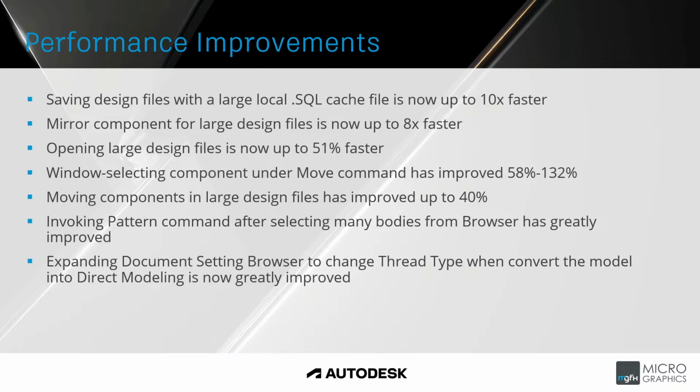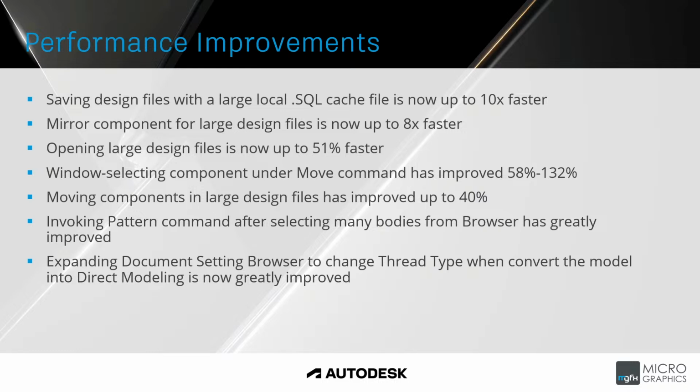A lot of metrics on this slide, but overall, we're seeing that they are specifically targeting opening and saving of large files with some of these improvements. We'll see they're saving design files with large local SQL caches up to 10 times faster. The term large is also very open-ended.